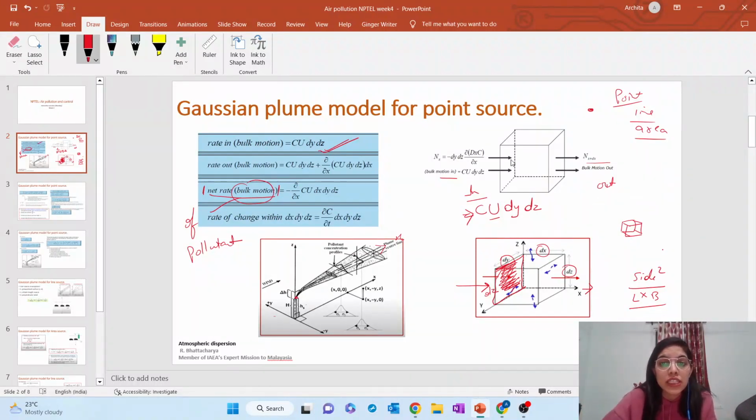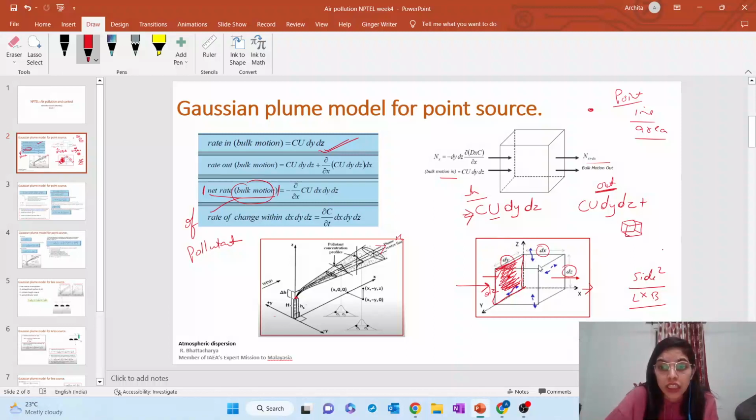Now once the emission acts on this point, which is in the form of a cube, there will be something that will come out of it. So to find it, out will be in, that is whatever has already entered into the system, plus some amount. So what is that amount?